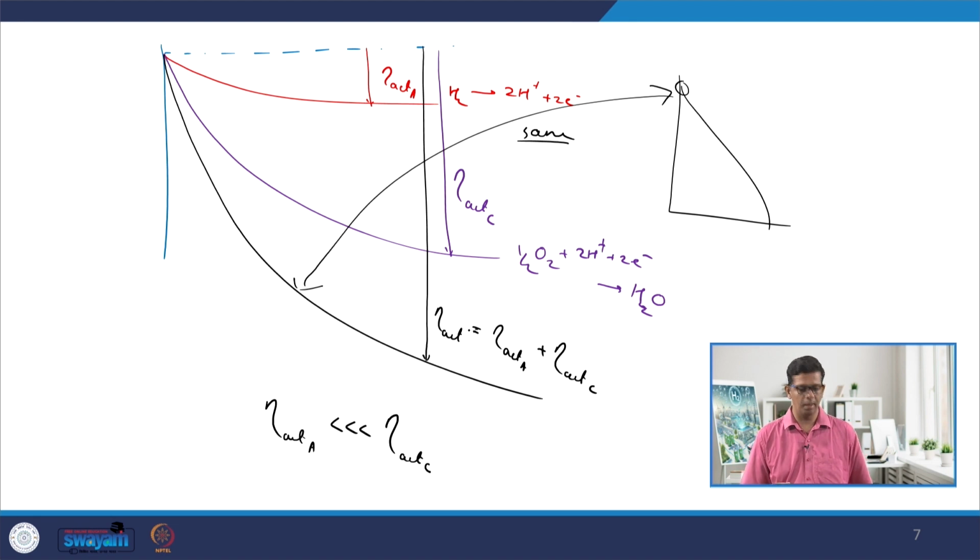So, for a given hydrogen oxygen fuel cell reaction, the activation overpotential of the anode is far smaller compared to that of the cathode. In other words, the energy invested in forwarding the reaction at the cathode dominates compared to that of the anode.